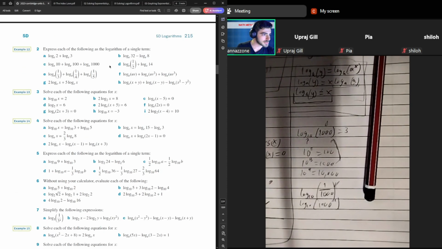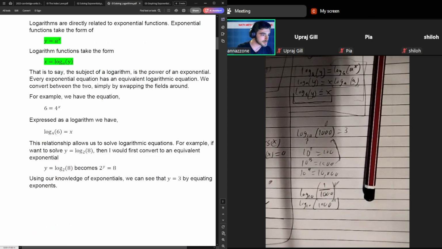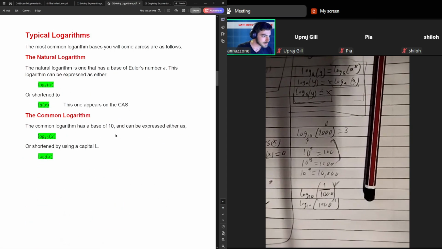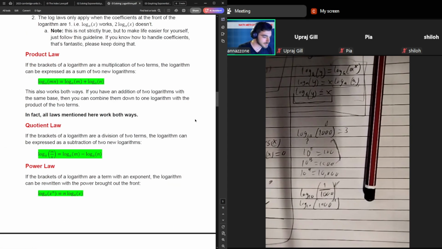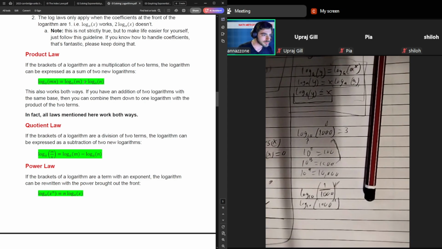Okay, that is that. Question 2 starts looking at the log laws. So I'll do a screenshot of those log laws, and we can at the very least talk about what's going on. The other two we didn't touch on were product law, which means addition becomes multiplication of terms, and subtraction means division of terms.